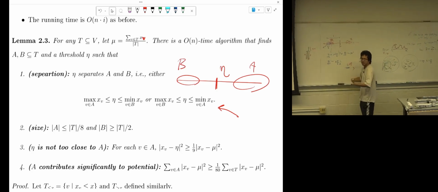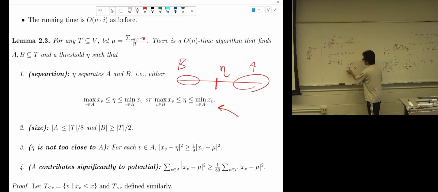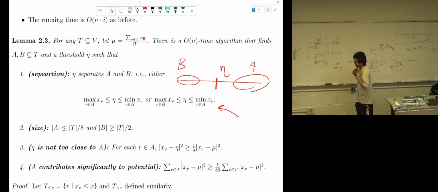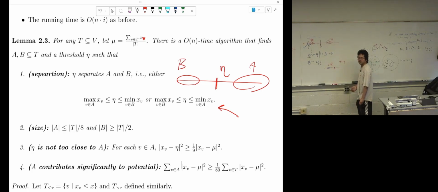How can that happen? Do you see what would be your suggestion? How can the part on the left contribute to the potential so little? What needs to happen on the right? The points on the right side have to be far away compared to the left.